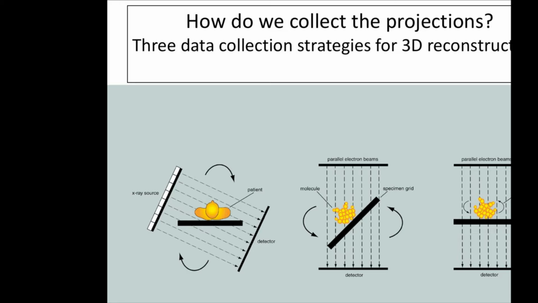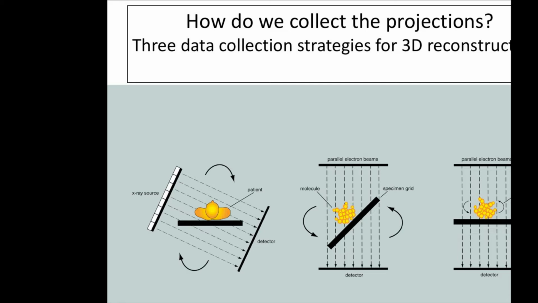This here you will recognize as a CAT scan. There is a patient who is stationary, and an X-ray source and detector are turned around in equal increments all the way around, and that's how the projections are collected, and then a single 3D reconstruction is produced, and that shows then the patient's interior in detail.